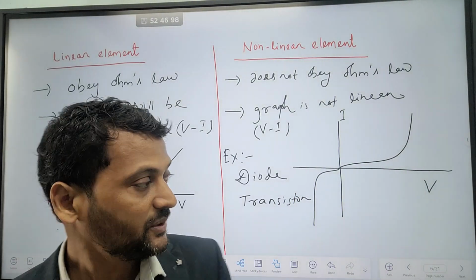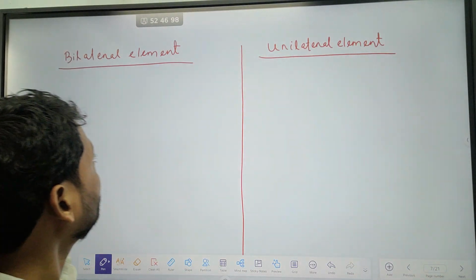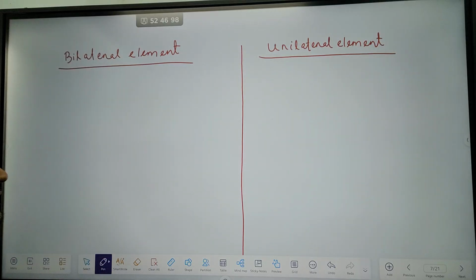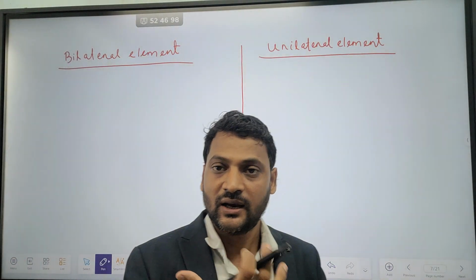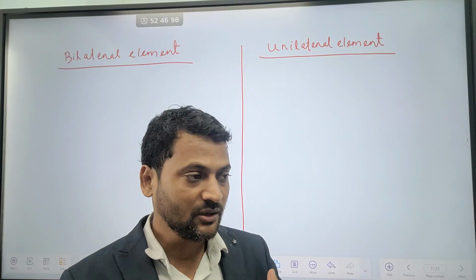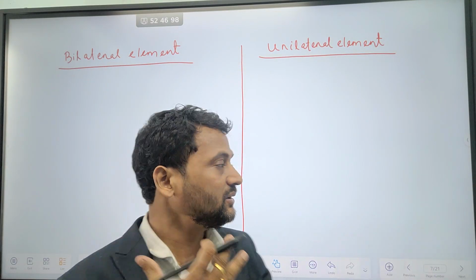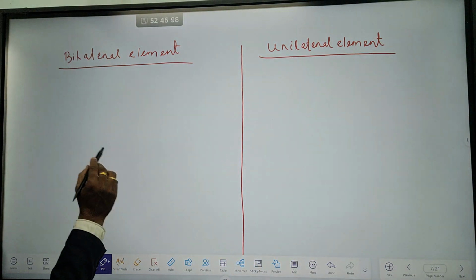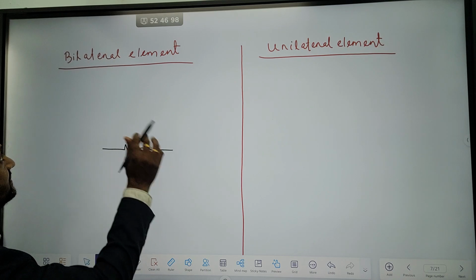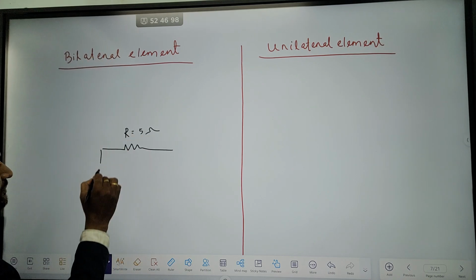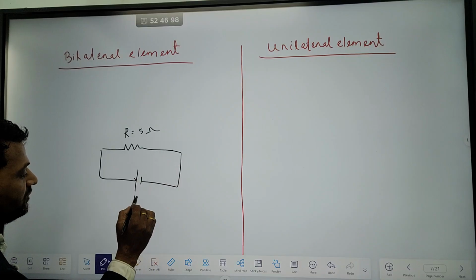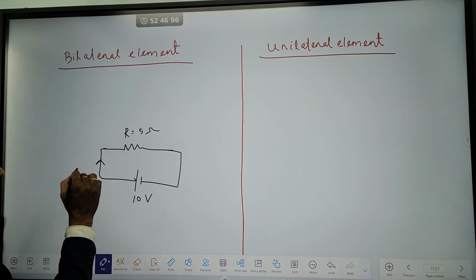Okay, so coming to the next one: what are bilateral elements and unilateral elements? Bilateral element means the element which allows current in both directions. I'm giving one example. Let us have a resistor. Resistor is an example of a bilateral element. Let the resistance be 5 ohm and I'm providing a potential difference of 10 volt. What is the current?